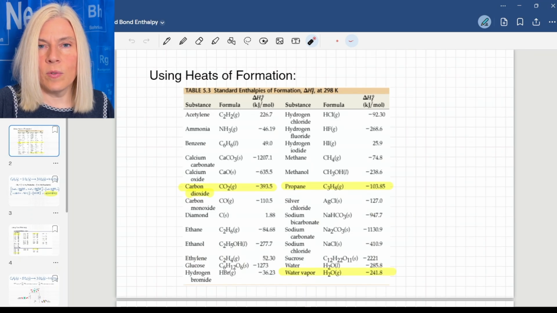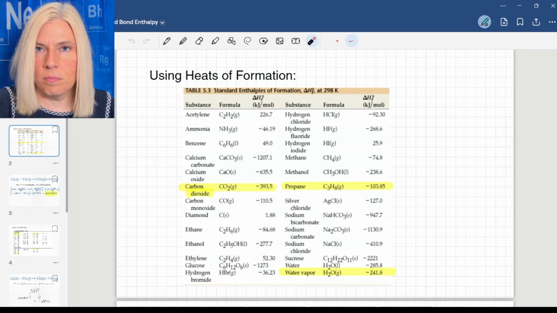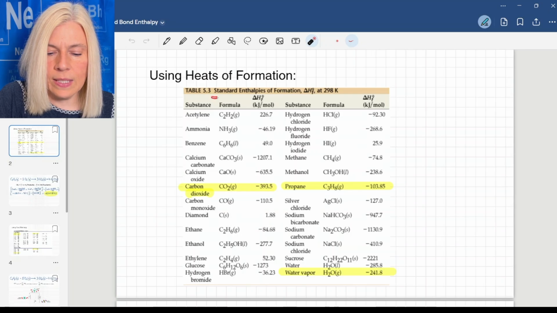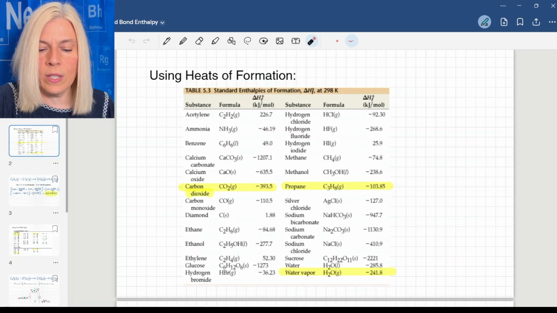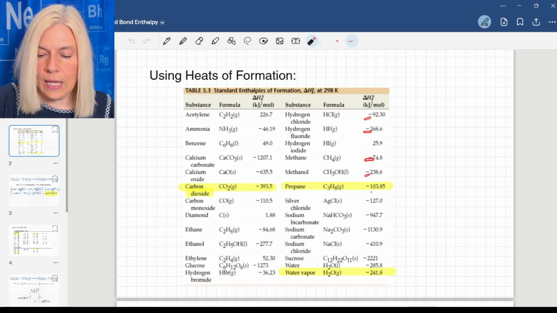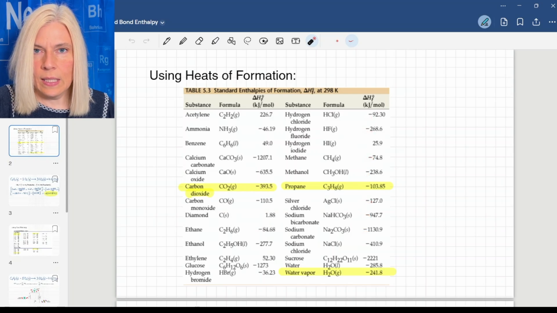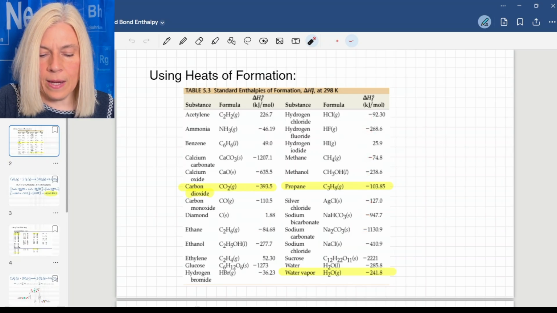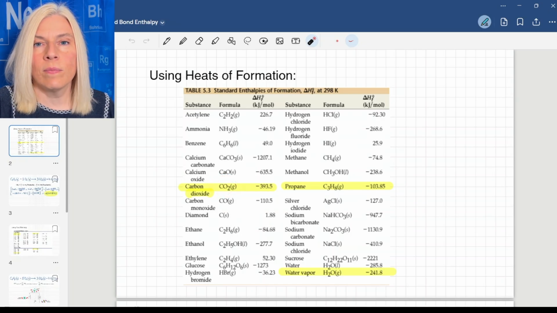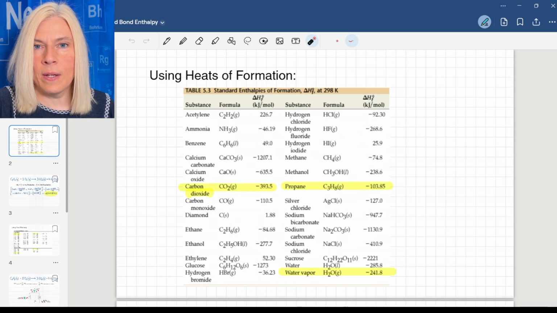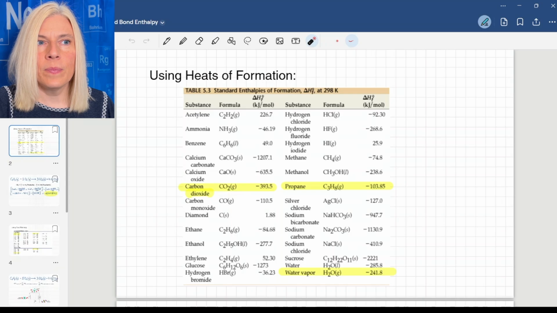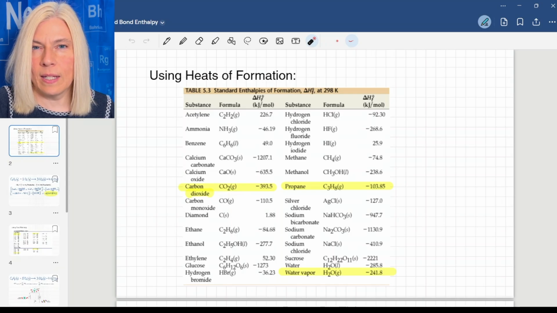So here is the table in the back of your textbook showing the standard enthalpies of formation. Now, what does this mean? Chances are many of these are negative numbers, you can see. This is the energy change when you form 1 mole of whatever compound you look at from its elements in the elemental state.